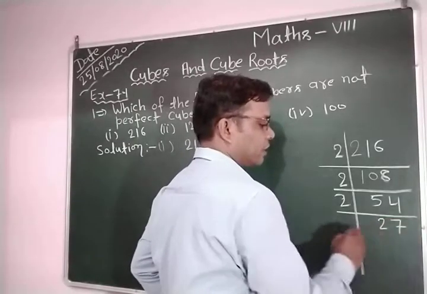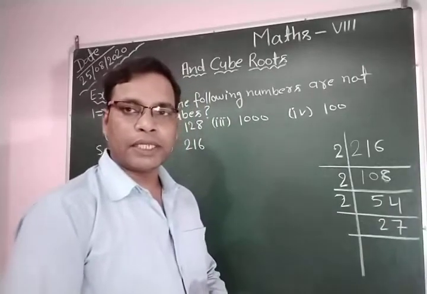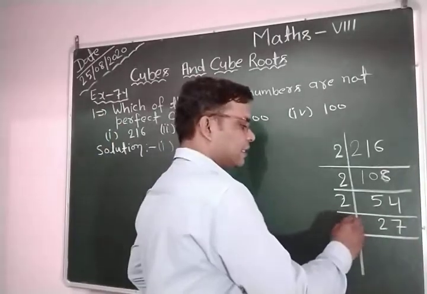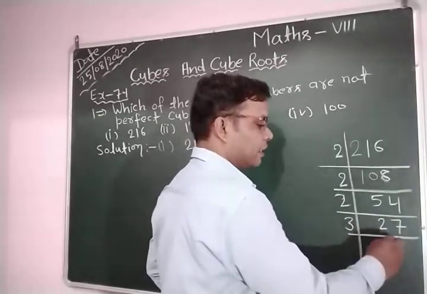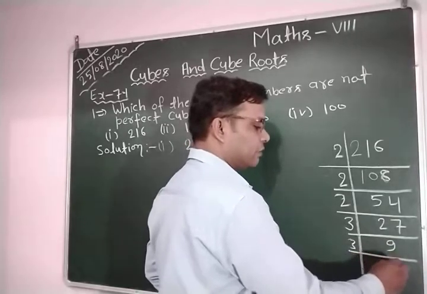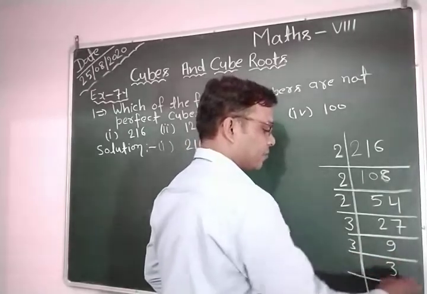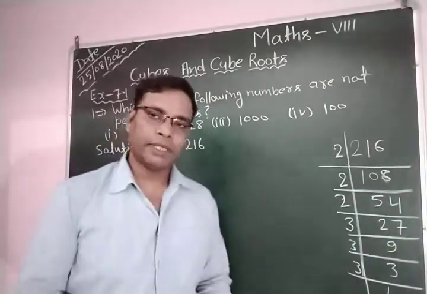Now this 27 is divisible by 3. If you divide 27 by 3, we obtain 9. Again we divide 9 by 3, we obtain 3, and 3 is a prime number, so it is divisible by itself.